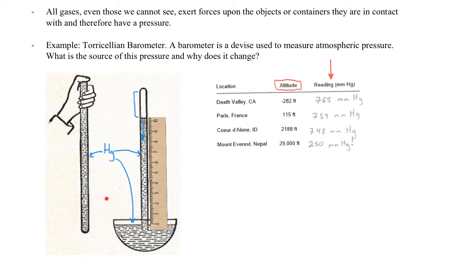So if there's more atmosphere here, there are more collisions on that pool of mercury, and therefore the column gets higher. So that's down in Death Valley, I should say, way down below sea level. There's a lot of atmosphere above that pool of mercury pushing down on it, causing the column to rise. So, and then if we take atmosphere away, like on Mount Everest, there's less atmosphere, and therefore the column drops down. So that's what a Torricelli barometer is, and that's what causes the change in the height of mercury.